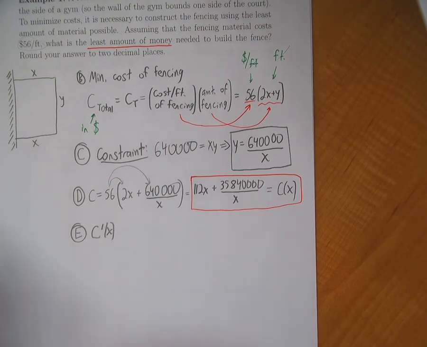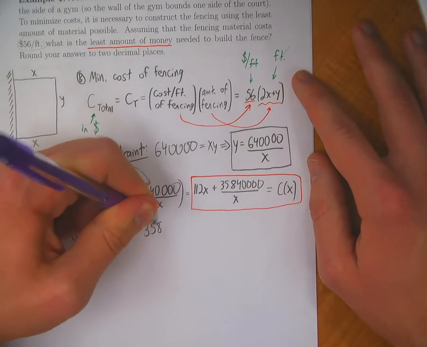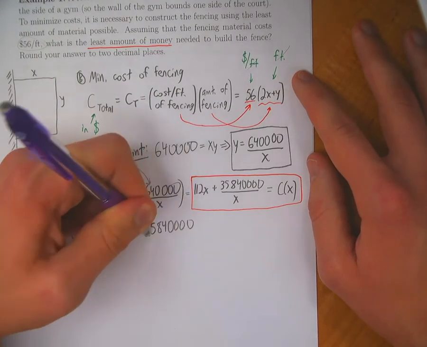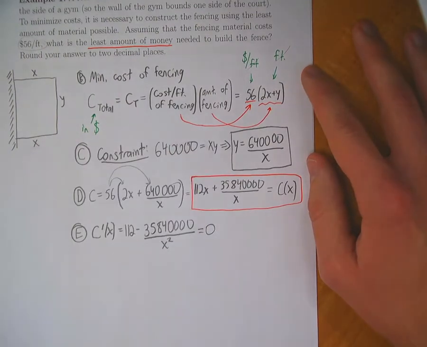Go ahead. 112 minus that number over x squared. Good answer. That number over x squared, that's correct. So set it equal to 0, let's see what happens.